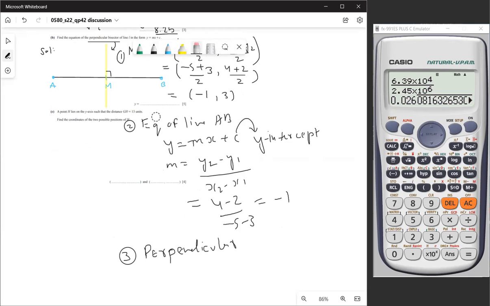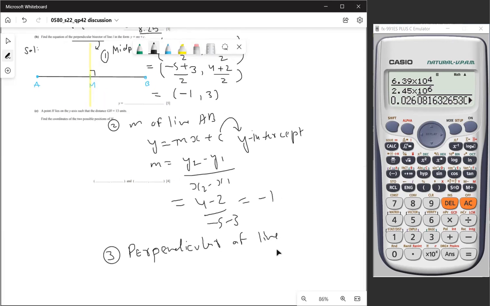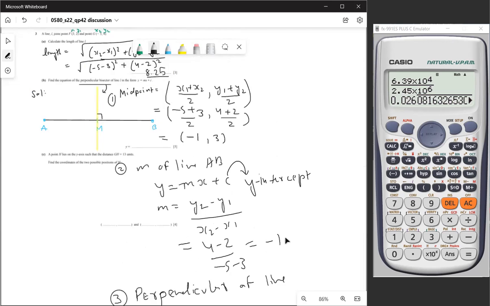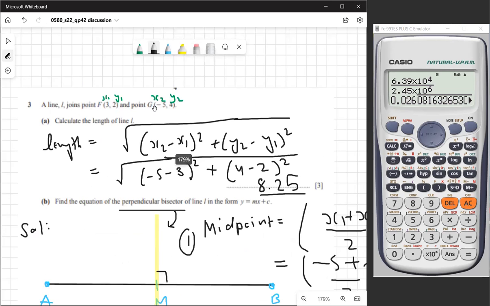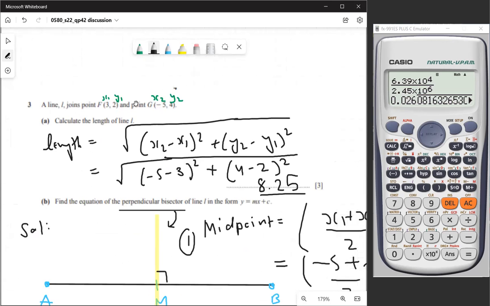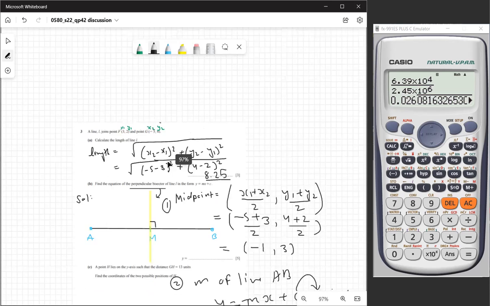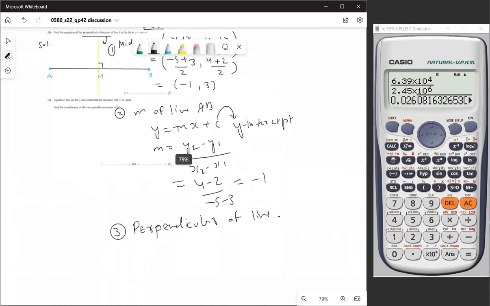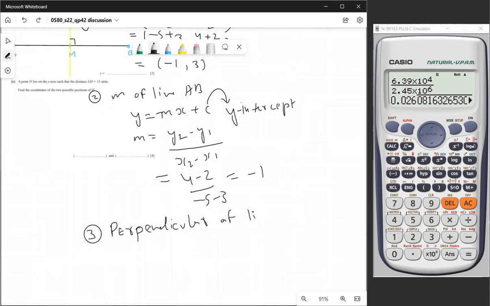I remember doing this, and we got -1/4. He reciprocals the thing to find the gradient. Yes, so you took 4 minus 2 over minus 5 minus 3. That's the gradient, -1/4. The perpendicular of line AB.